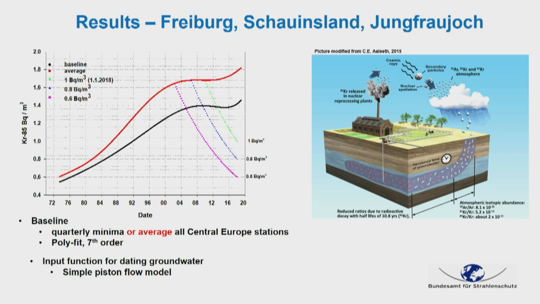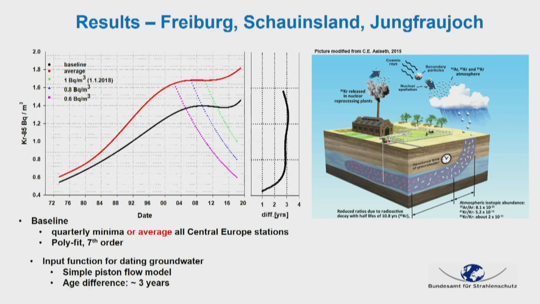If we think it might have been incorporated at higher concentrations, closer to active reprocessing, it would have been incorporated in about 2010. With this, we can calculate the age difference between using an average input function or the baseline.